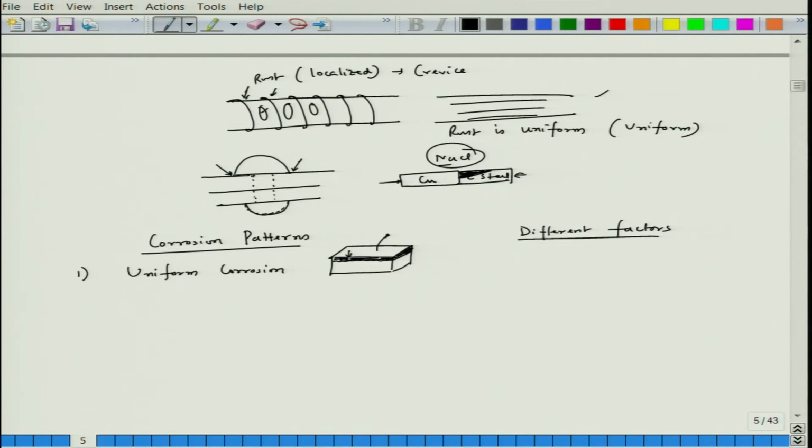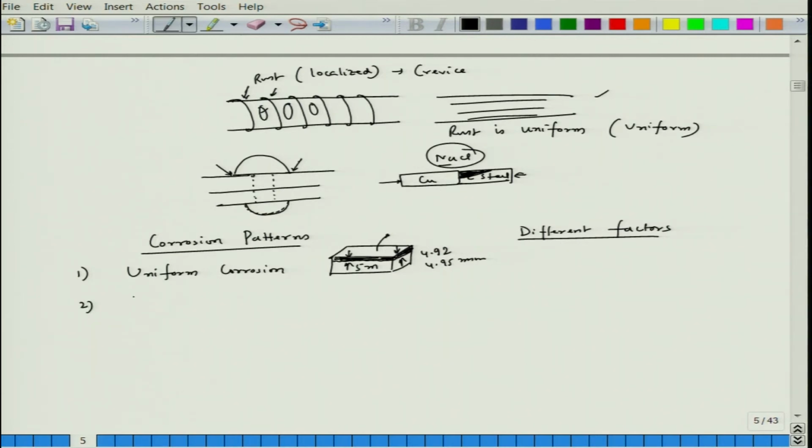If the distance here is 5 millimeter, here it would be 4.92 or 4.95 millimeter. So almost the same sort of depth attack. So those we can call uniform corrosion.